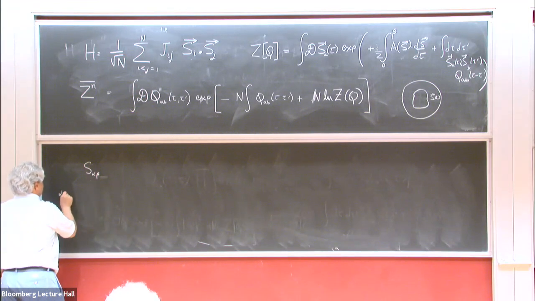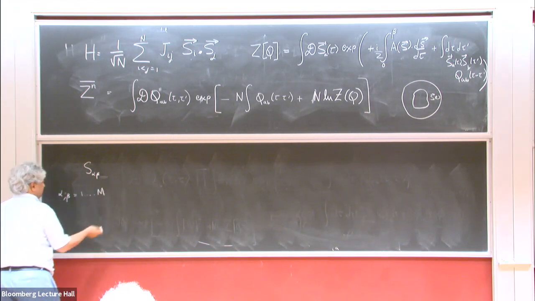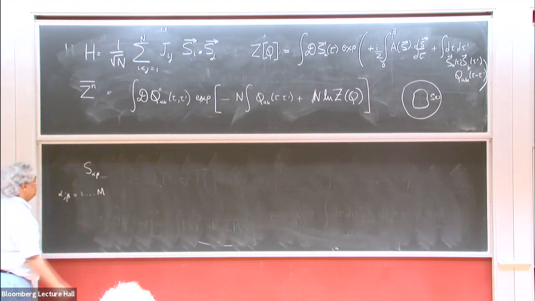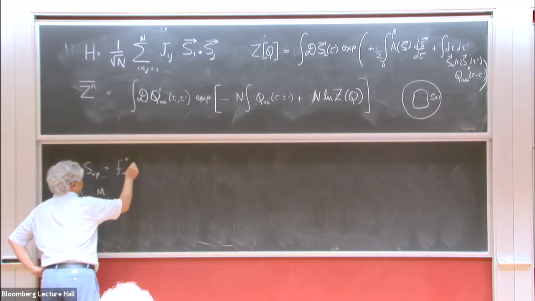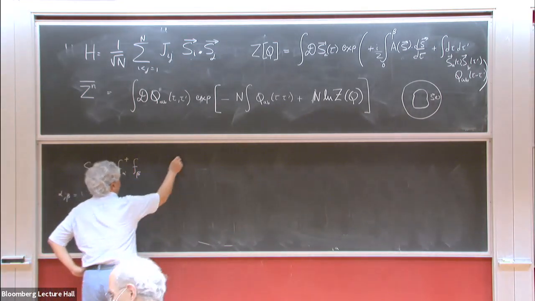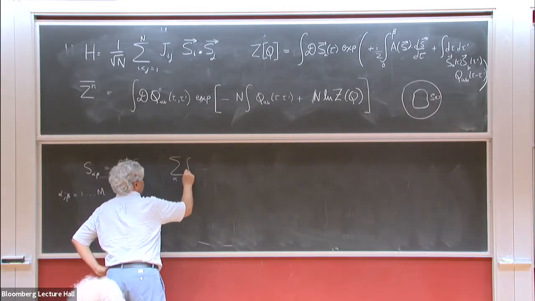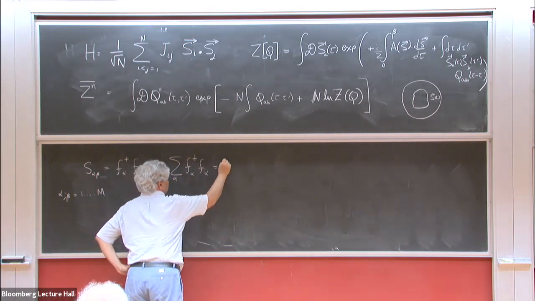So alpha, beta will go from 1 through M. If you put M equals 2, then you have SU(2). I'm going to call that f dagger alpha f beta on every site and every replica. And now I have a constraint: sum over alpha, on every site and every replica, f dagger alpha f alpha is M over 2.